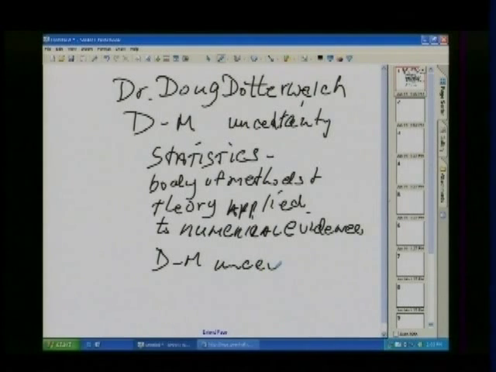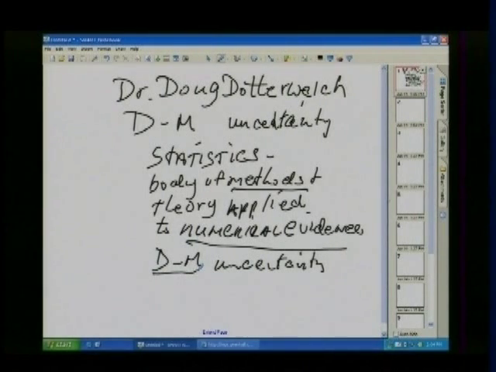Let me break that down and make it more simple. Basically we're using a body of methods or approaches or formulas to examine the numbers or the data, the numerical evidence, to make a decision, even though uncertainty exists. That's our objective.